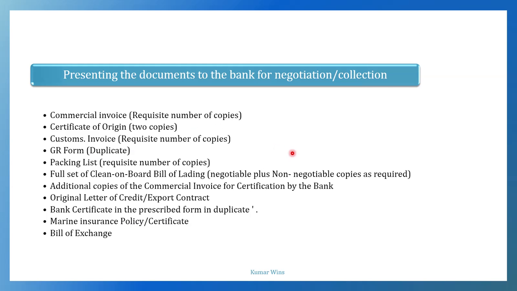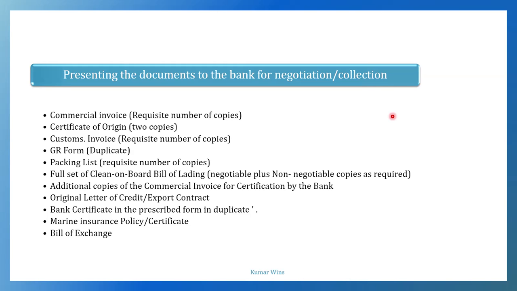Then presentation of documents to the bank for negotiation or collection. So now you have exported the goods, you need to have your money, right? So you need to present the documents to the bank. So what are these documents? One is the commercial invoice.